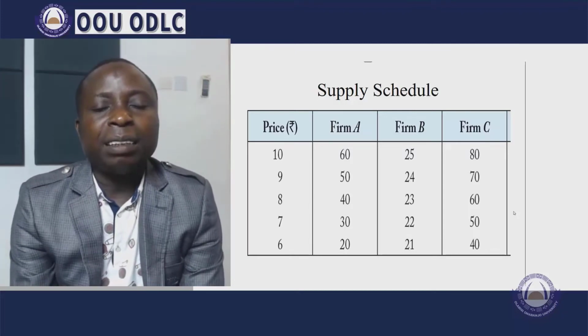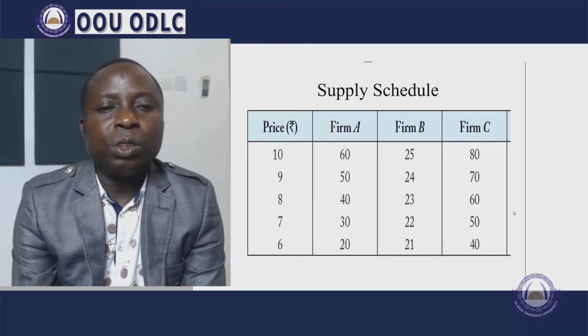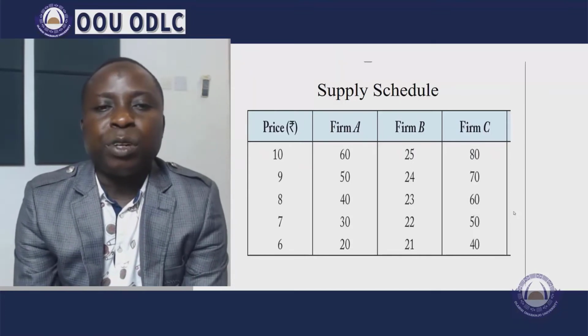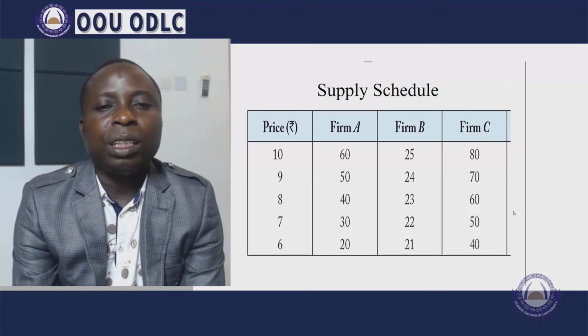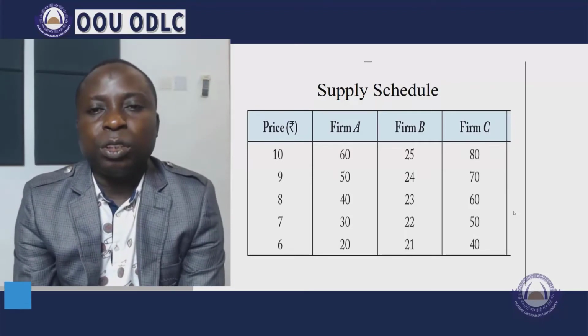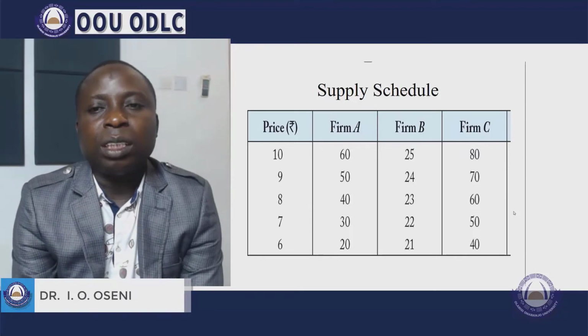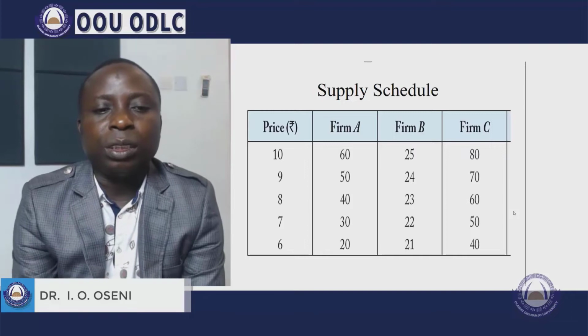When the market price is 10 naira, firm A produces 60 units, firm B produces 25 units, while firm C produces 80 units.